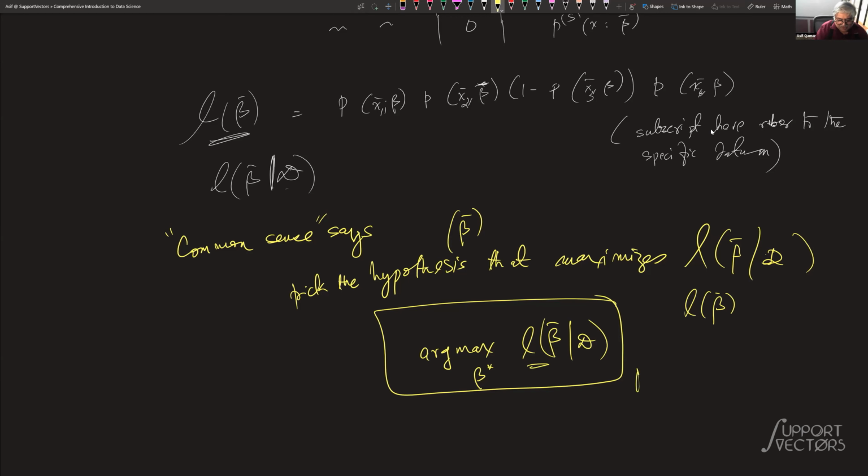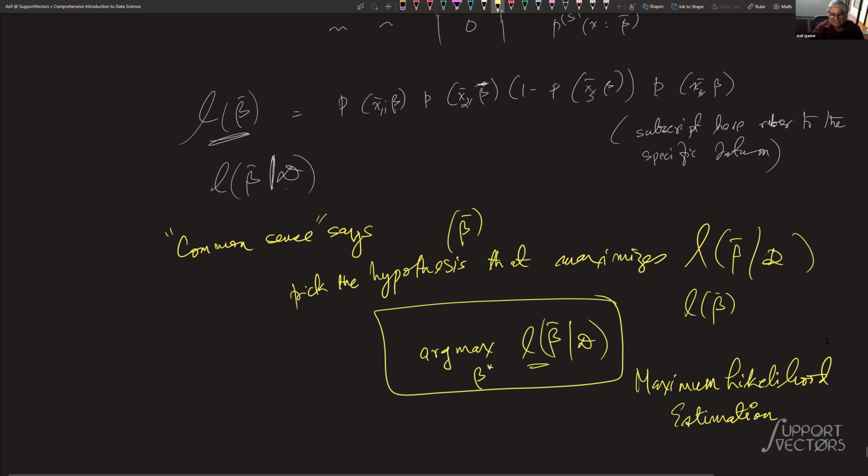That is why it is called maximum likelihood estimation. The process that we'll follow and that model will favor, which maximizes the likelihood of this hypothesis, MLE, right? That's where the word MLE comes from.